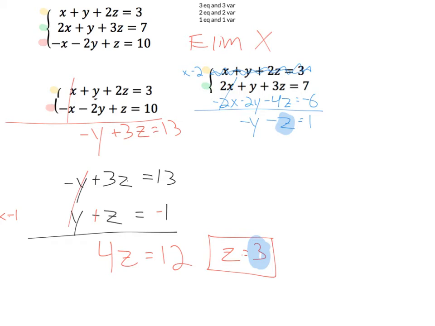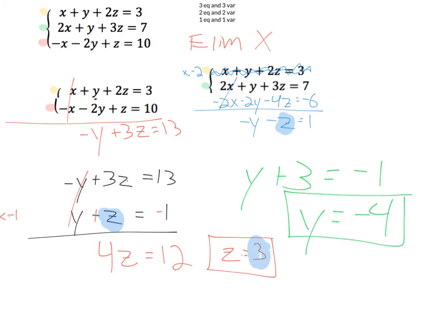Or heck, I could have even done it right here if I really wanted to. In fact, I think I'm going to do this second equation here just because I don't like negatives if I can avoid them. All right, so we would have y plus 3 equals negative 1. I'd subtract 3 over, so y is going to equal -4.